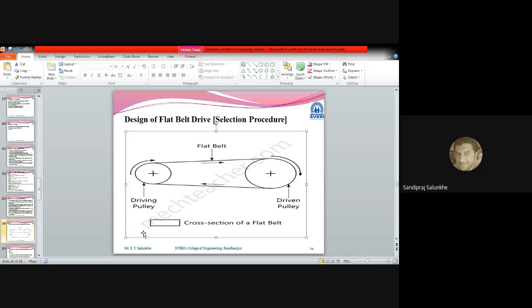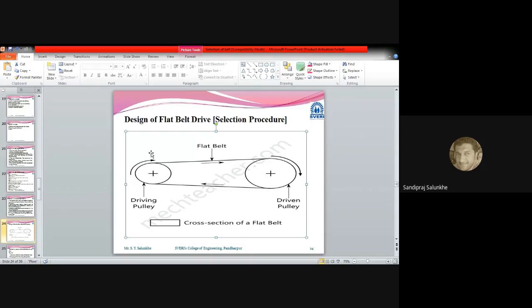And the reason behind it is that the power equation is 2 pi N T divided by 60, where N plays a very vital role. If you want high speed, then the torque will get reduced. And as the torque gets reduced, definitely you have to use a smaller pulley.